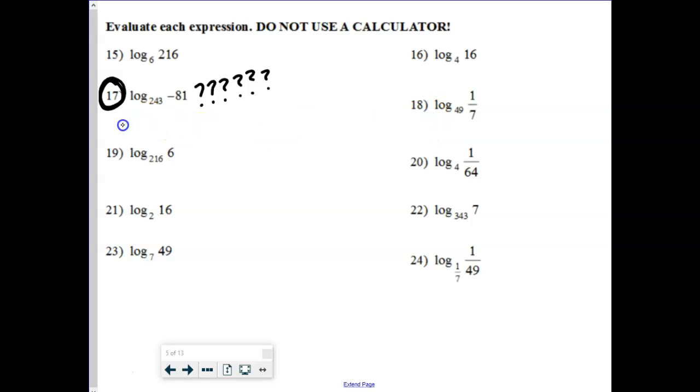What are we trying to say? So I hear some people doing this: 243 raised to what power gives me a negative 81? And then you should still be confused. Because it's imaginary. It's undefined. There we go. You guys can't find the answer. It doesn't exist. So yes, there is one of those on the test.